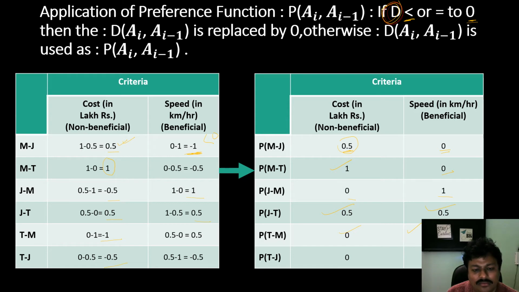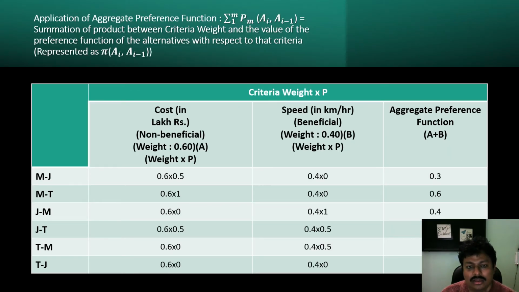This is negative, write 0. This is negative, write 0. So thus you create the preference matrix from the evaluative matrix. Okay. Now the next step is to create the aggregate preference function or aggregate preference matrix, and how it is done.